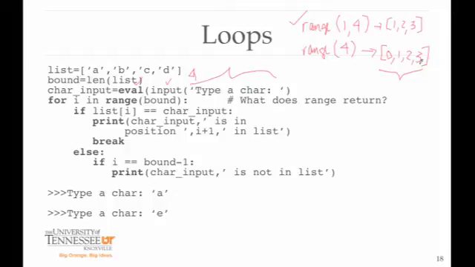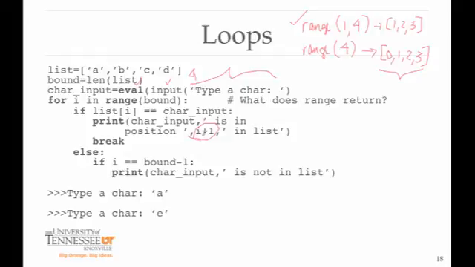But we're using positions that a human would be comfortable with, not 0 indexing. If it's the first one, we'll put 1, and that's the reason why we're going to print I plus 1 rather than I. And if we found it, then here's an illustration of the break. The break there would kill the for loop completely. Okay? The break there is not to break the if, it's to break the loop. It's to break the for.